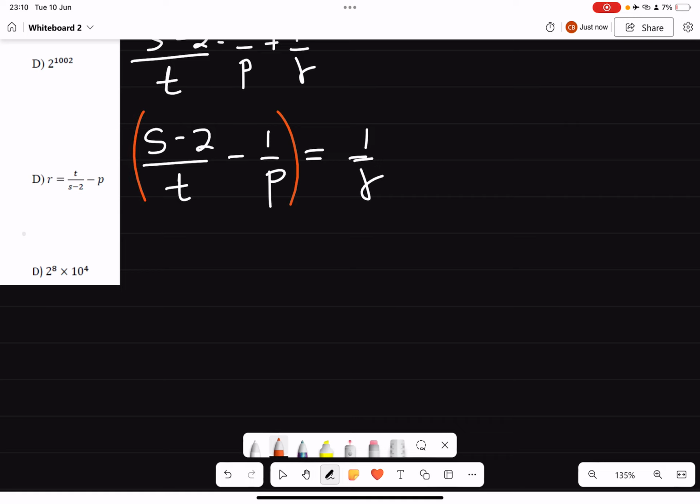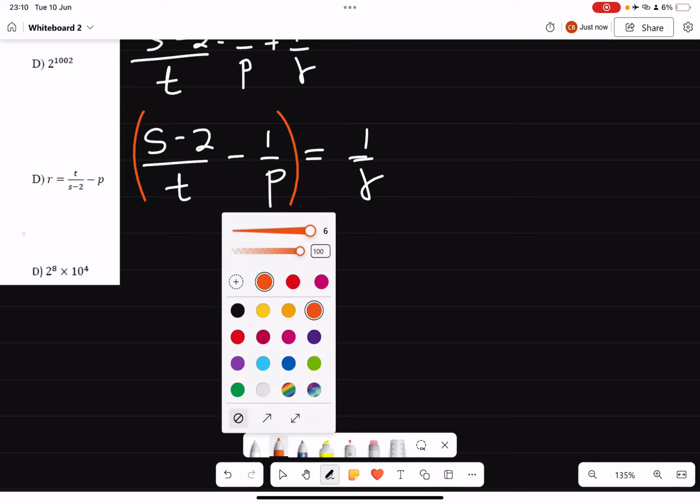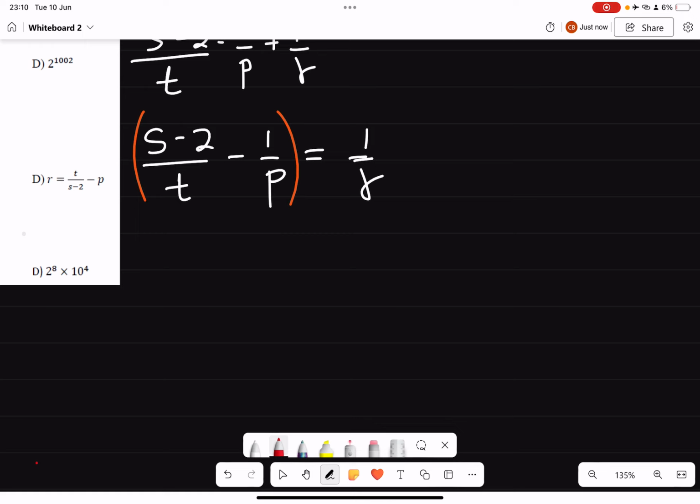Remember, when we subtract fractions, we need to make sure that we have the common denominator. And we can see that the lowest common denominator will be t times p. Right? Perfect. So now to have tp on both sides, I must multiply this by p and that by t.